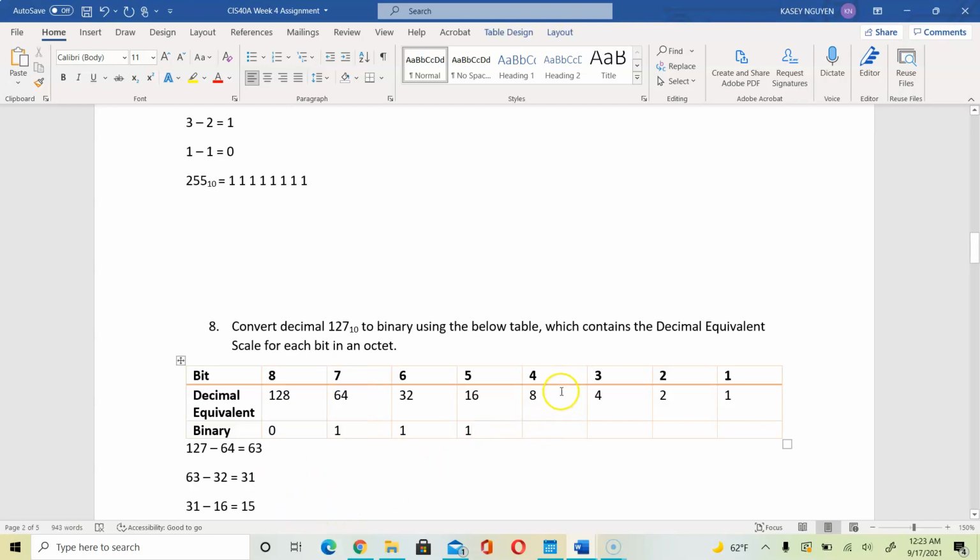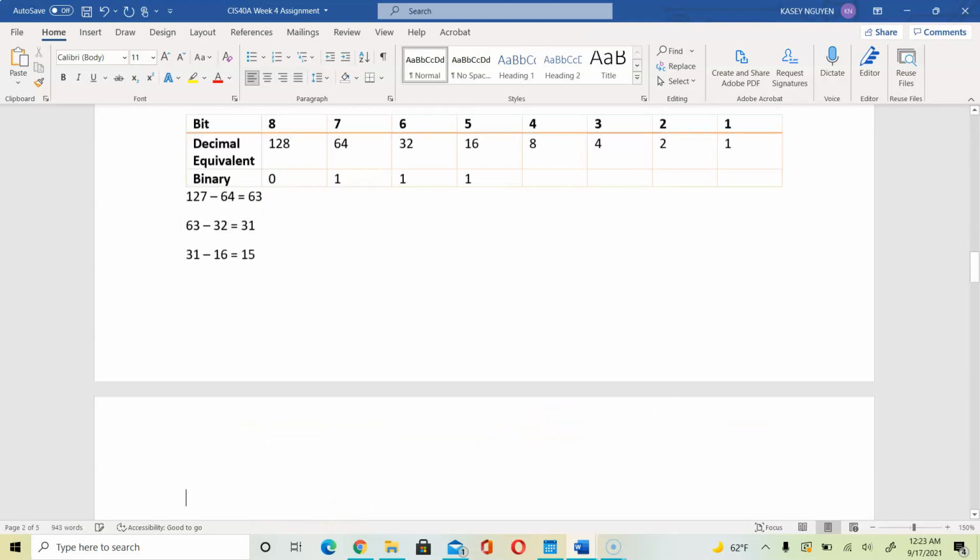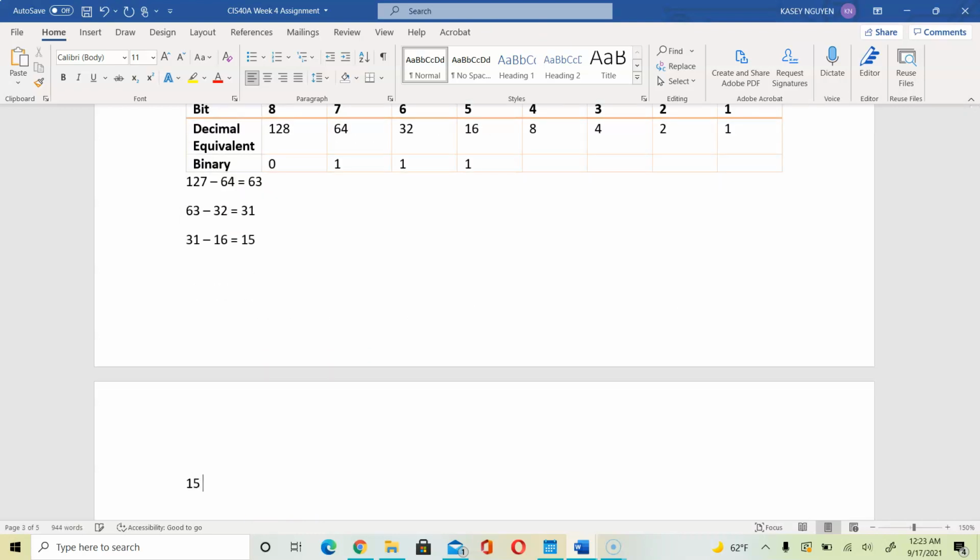And the next number we can subtract 15 from, so we would do 15 minus 8, which gives us 7. And as you subtract 8, you put a 1 there. And 7 minus 4 is going to give you a 3. So as you subtract 4, put a 1 there.